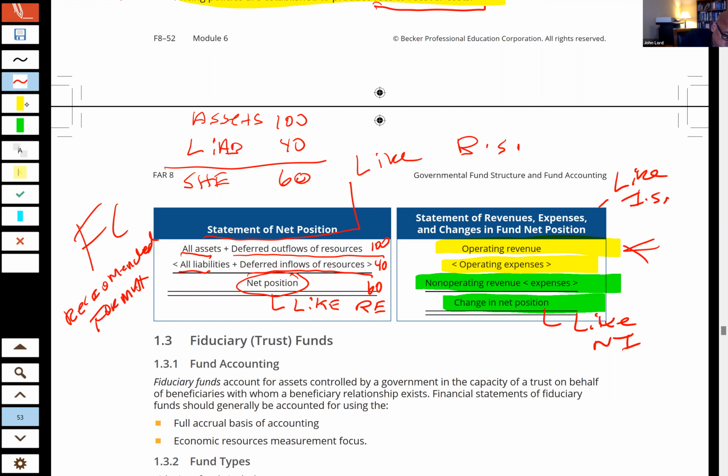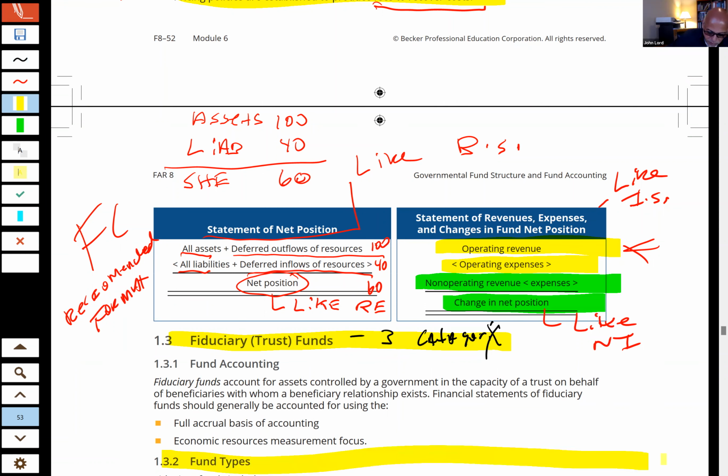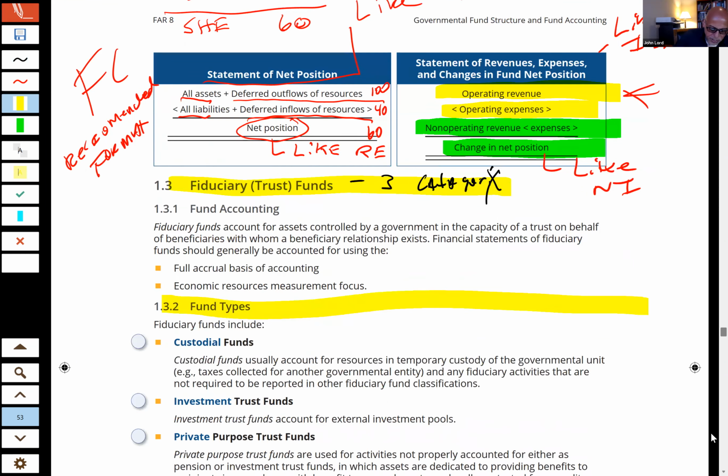Okay, good. Let's look at our fiduciary funds now, okay? And this is our third category. Our governmental funds, our proprietary funds, and now our fiduciary funds are the three categories. We have fund types, and as we mentioned before, there are 4 of them, okay?